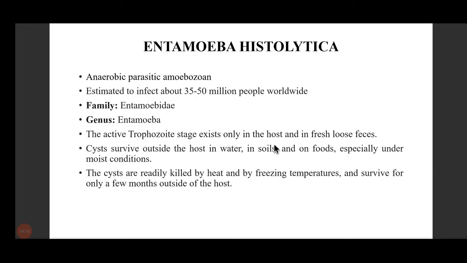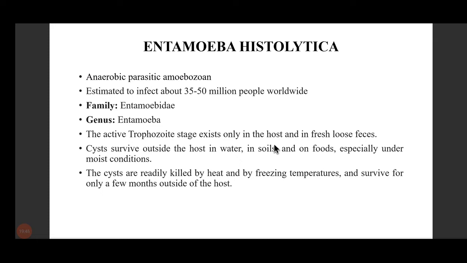So, Entamoeba histolytica, some general points regarding the parasite. It is an anaerobic parasitic amoebozoan estimated to infect about 35 to 50 million people worldwide. Family is Entamoebidae and genus is Entamoeba. The active trophozoite stage exists only in the host and fresh loose stool.